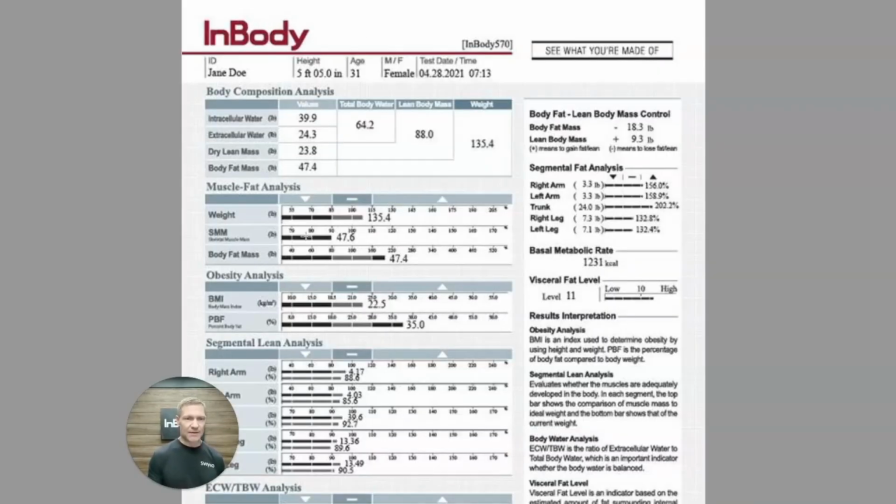Anything on the left in this black area with the down arrow would be below an average range for people of your height and gender. Anything in the middle is in an average range. That's this lighter gray section. Then anything on the right in the black would be above average, in some cases maybe too much, depending on what we're looking at, right? So my goal first would be to line these metrics up right in the middle here, forming the letter I.